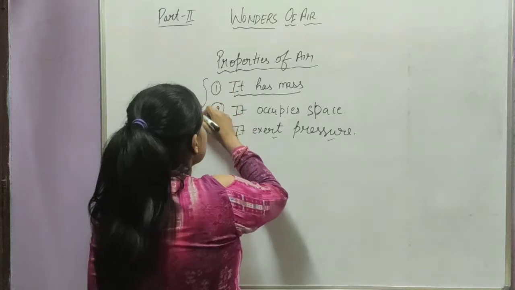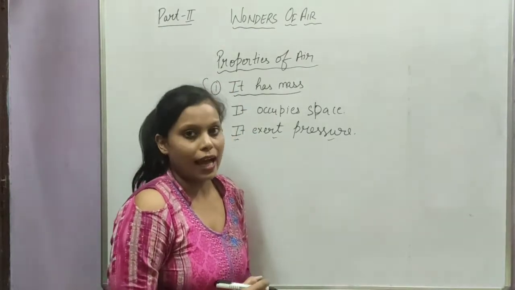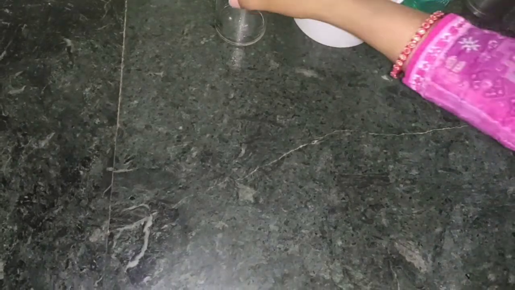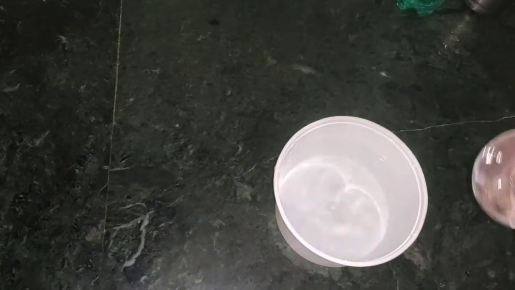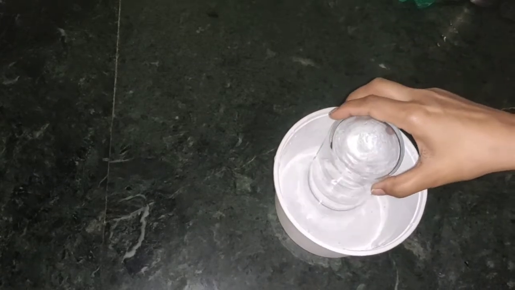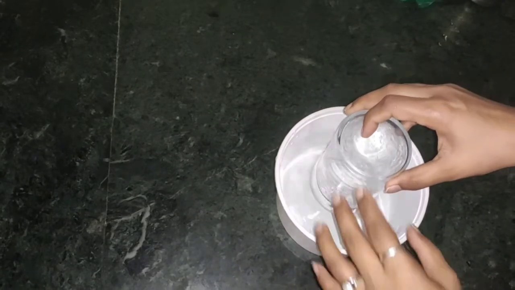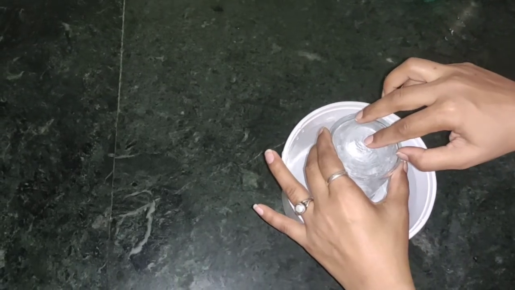So let's study these properties with activities. For the properties of air, we are doing some experiments. First of all, I am taking a tub and an empty glass. I am trying to put this empty glass into the water, but it is hard to push into the water.